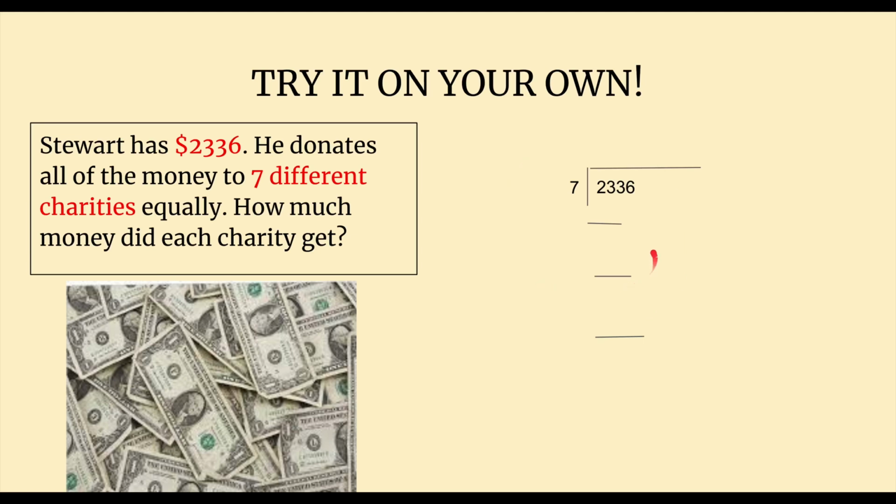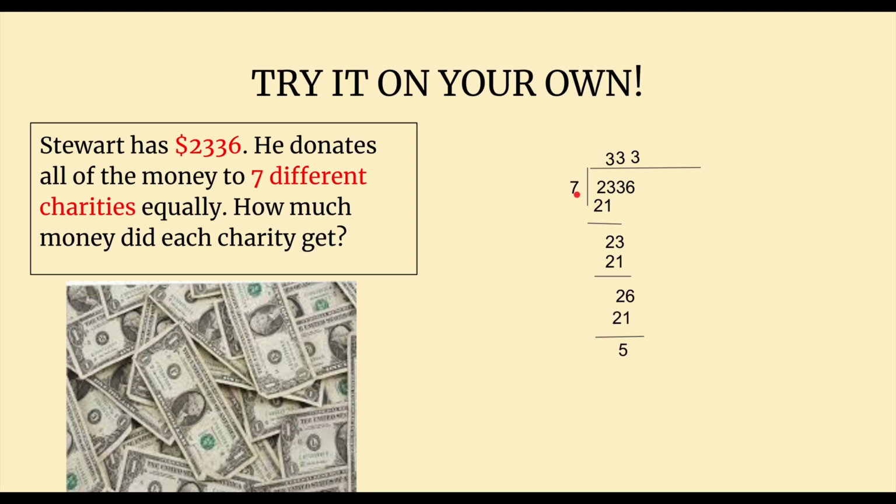So again, just do it like regular long division. 7 goes into 23 3 times. 7 times 3 is 21. Subtract that, it's 2, but then you bring down the 3, so it's 23. 7 goes into 23 3 times. 7 times 3 is 21. Subtract that, it's 2, but then you bring down the 6, so it's 26. 7 goes into 26 3 times. 7 times 3 is 21, and you get 5.